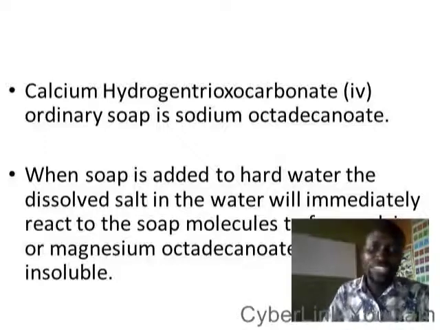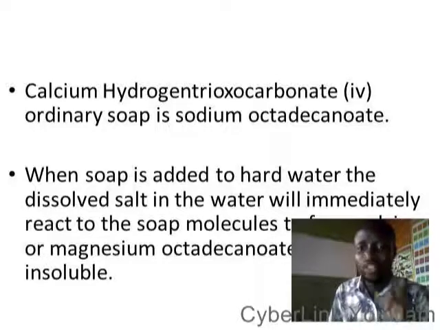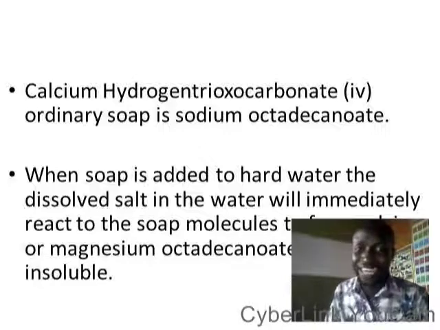Ordinary soap is sodium octadecanoate. I repeat that. Ordinary soap is sodium octadecanoate. Octa is 8. Decanoate is an organic compound with 10 carbon atoms. So this is 8 and 10.